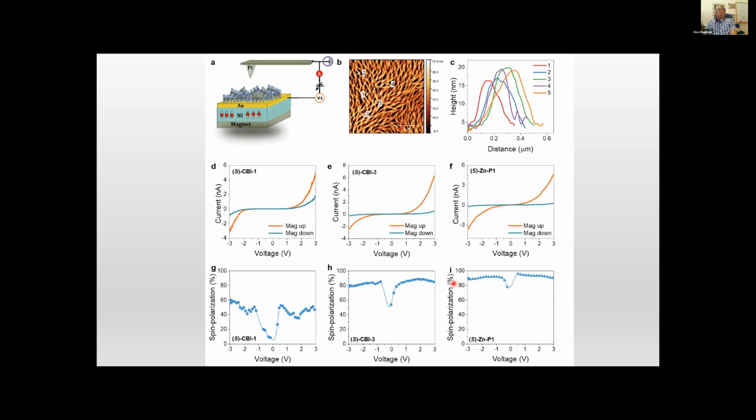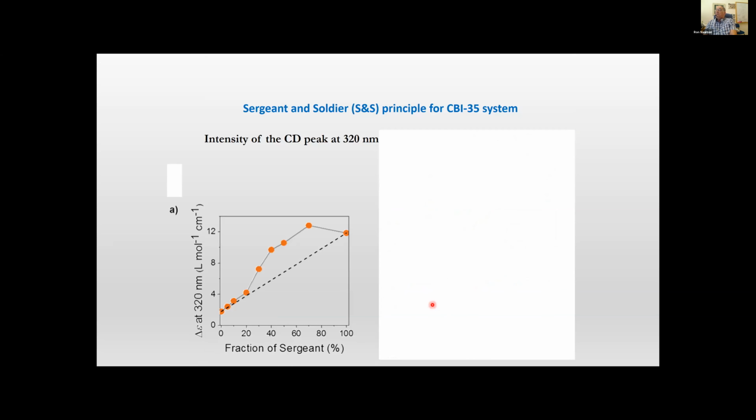And you realize that for a specific molecule, we can get up to 90% spin polarization. So remember, 20 nanometer, room temperature, 90% spin polarization. It's a huge number. The results are very impressive, but we can do something in addition.